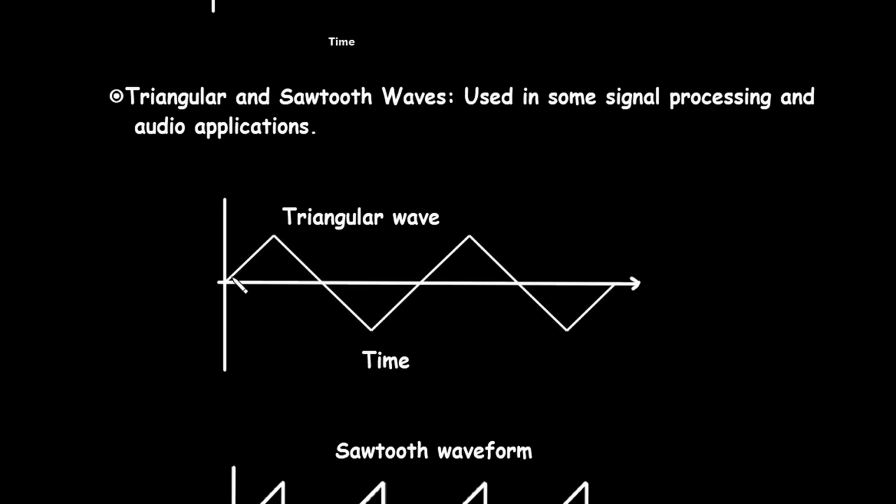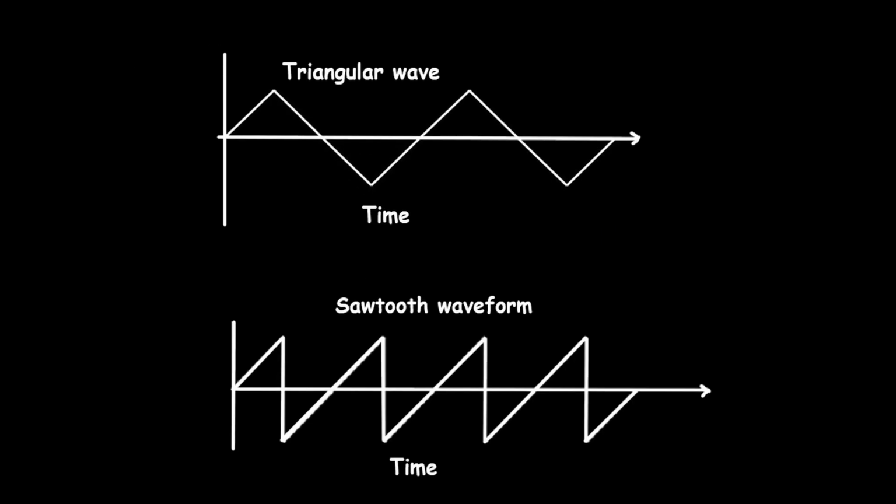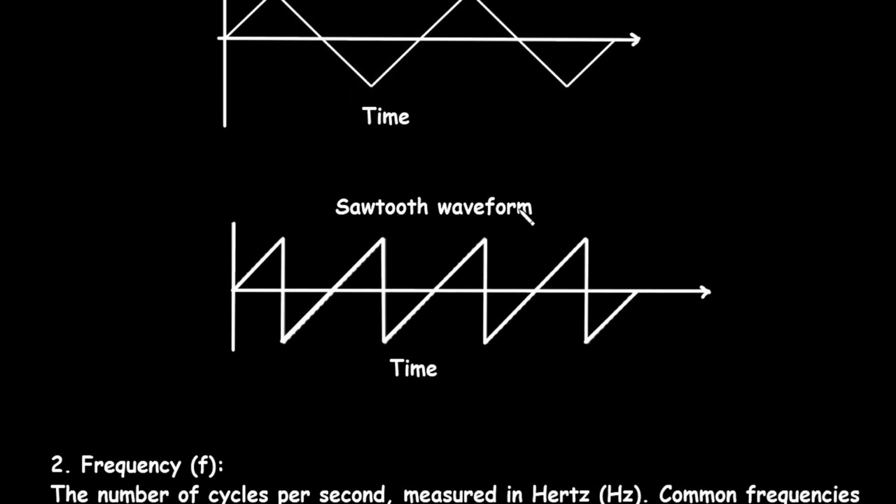Since it looks like a triangle, that's why it is called a triangular wave. This is the triangular wave. Then next is sawtooth waveform. Here we can see it looks like a sawtooth, that's why it is called a sawtooth waveform.